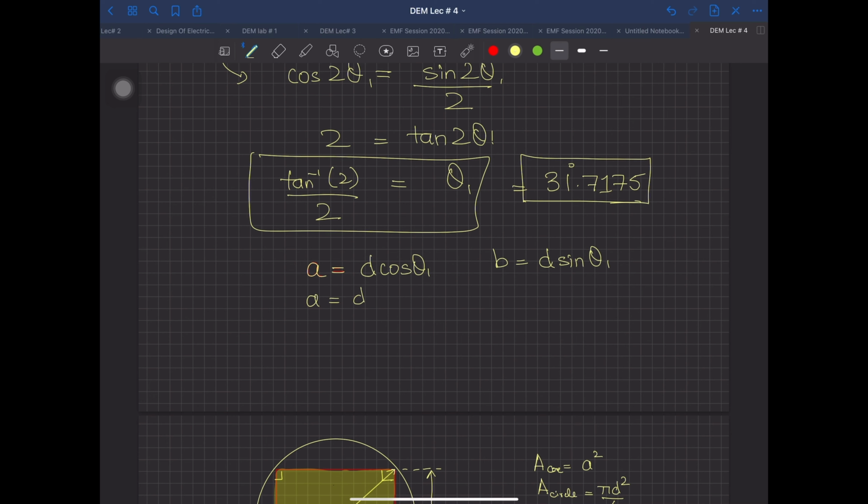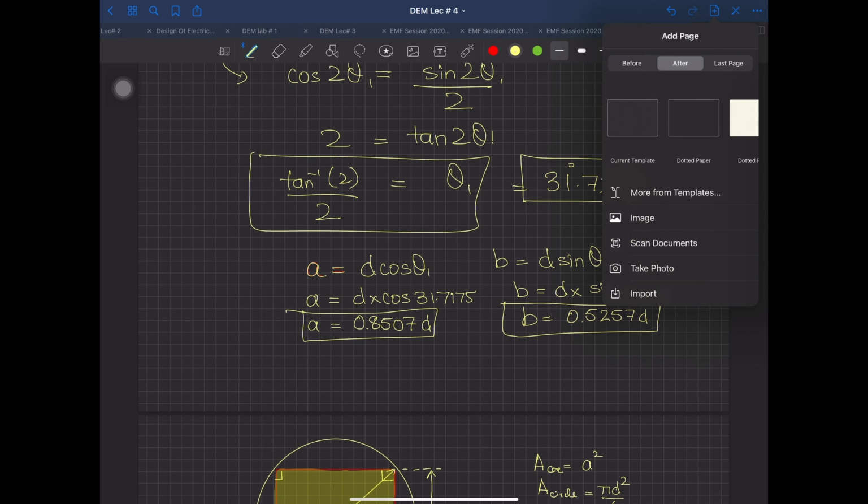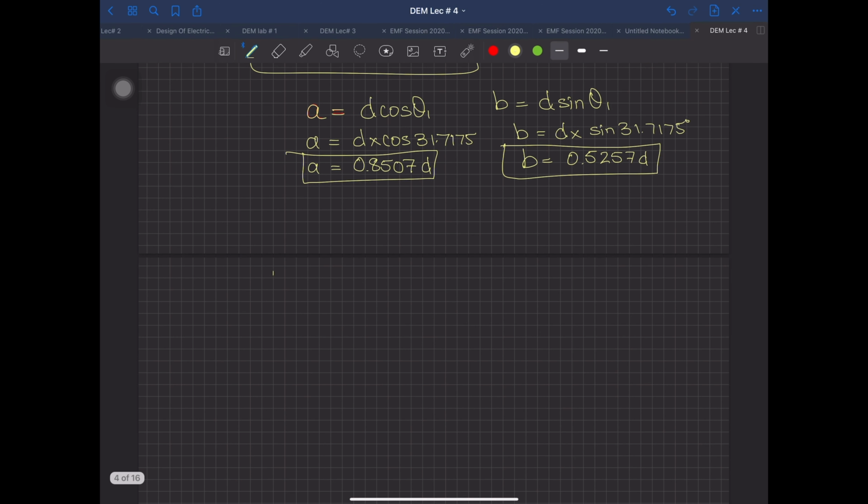A is equal to d multiplied by cos 31.7175 and B is equal to d multiplied by sine 31.7175. जी, give me the answer. A is 0.8507 D. This is my A. B is equal to 0.5257 D.